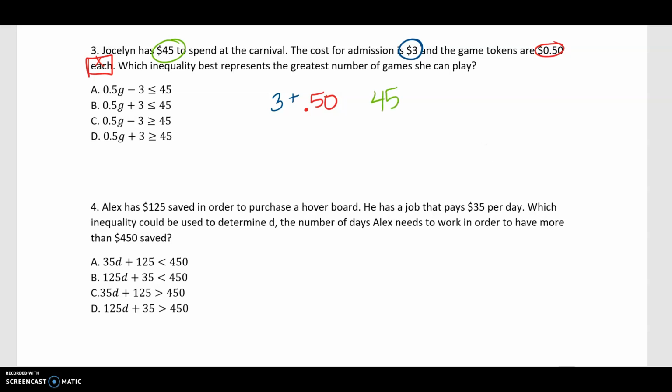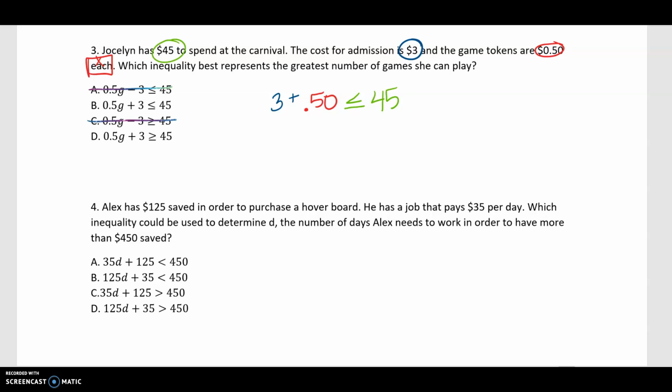Okay. So when I go to the carnival or when I go to the rodeo type situation, if I only take $45 with me, I cannot spend more than that $45. So it has to be less than, but it can also be exactly that $45. Okay. So again, these are charges that we're adding. Okay. So I'm not subtracting anything.